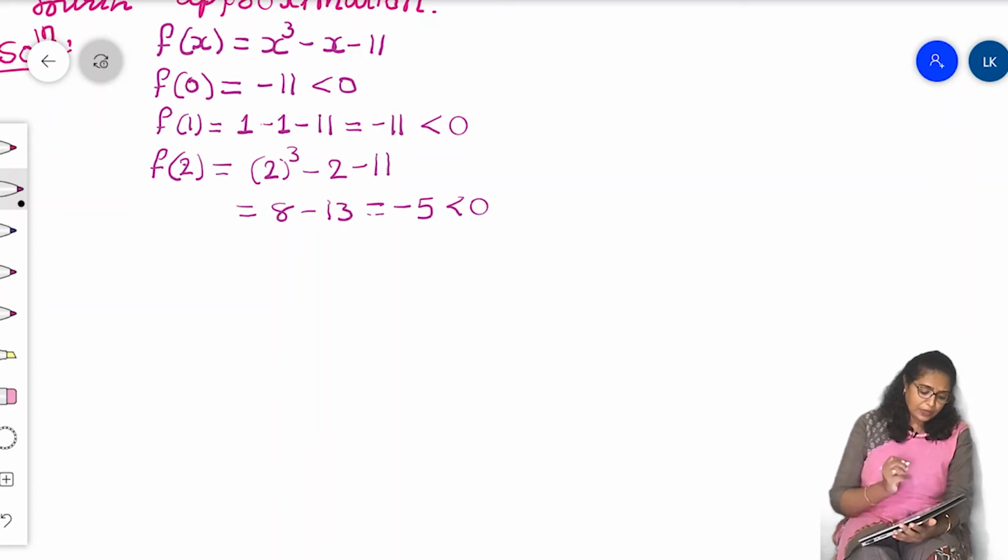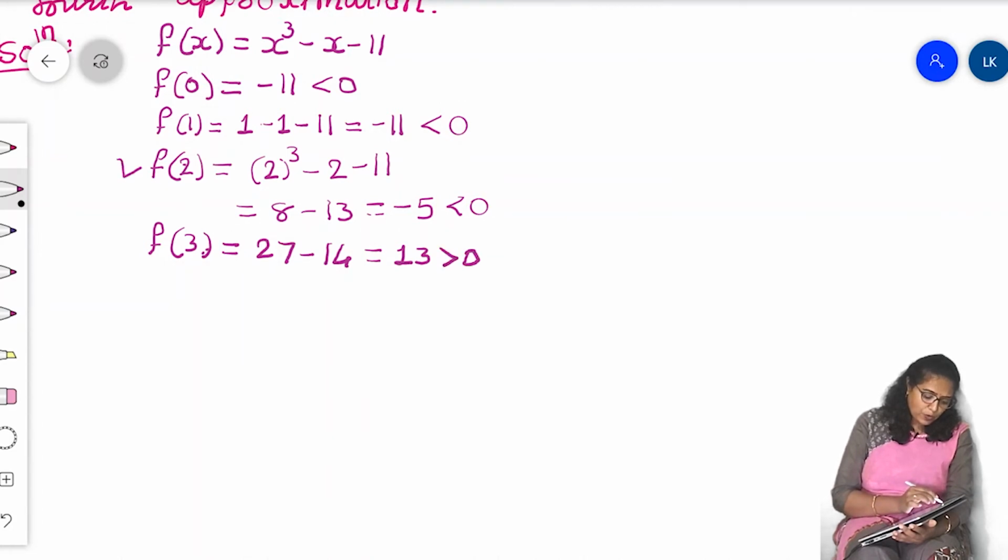Again it is negative, that is continue. The next value is x is equal to 3. 3 cube means 27, minus 3 minus 11, that is minus 14, and it is 13. That means it is positive.